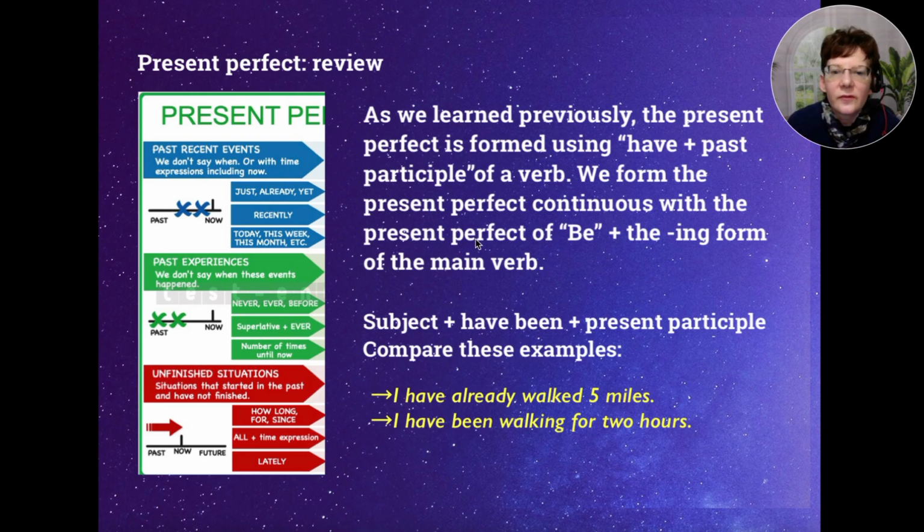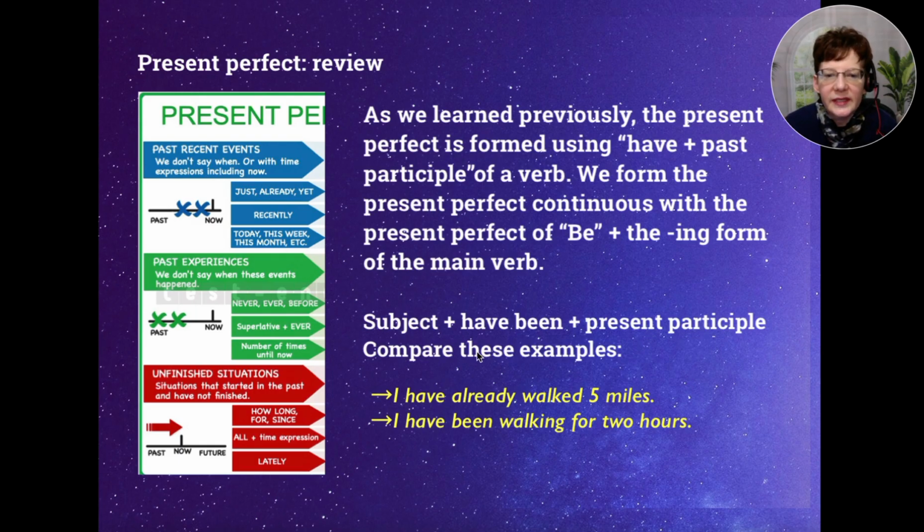We form the present perfect continuous, as we just saw, with the present perfect of be, that's been, plus the -ing form of the main verb. So subject plus have been plus present participle.